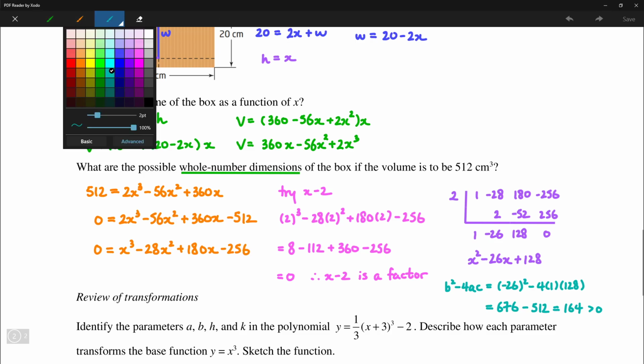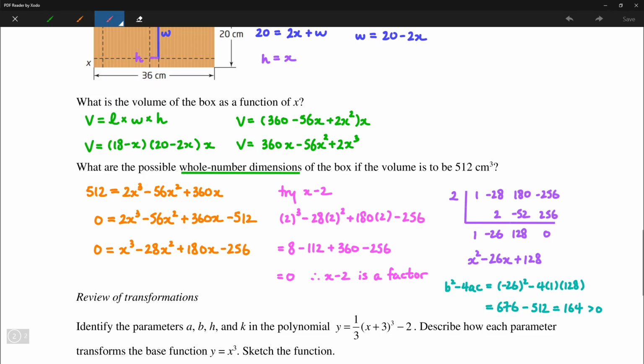So finally, in the last step, since x equals 2 is the only solution, 2 is the only whole number solution.